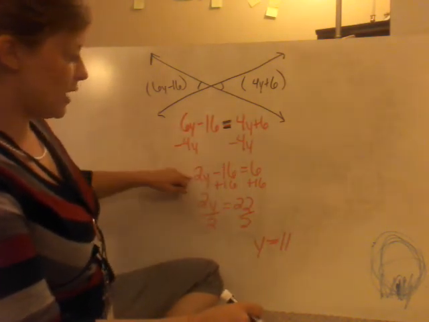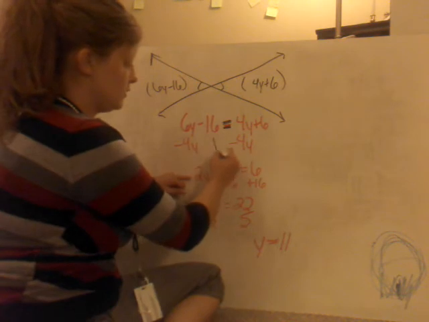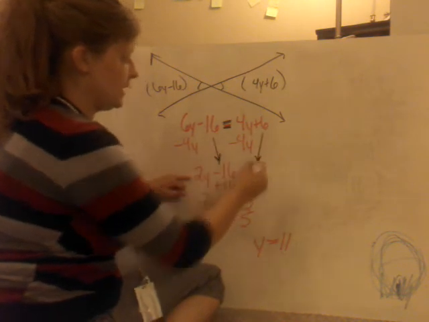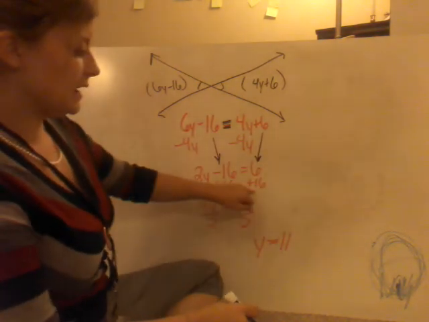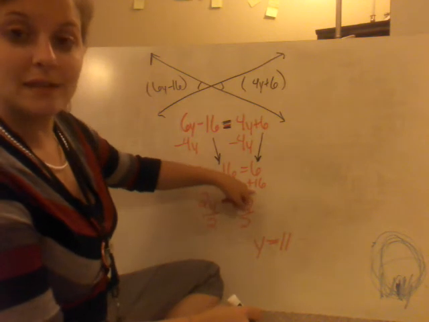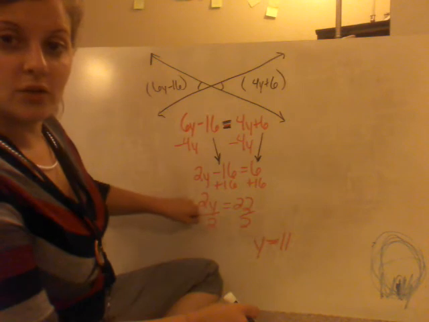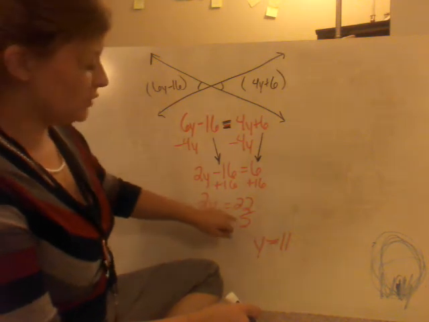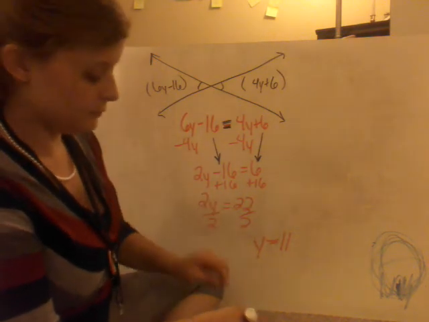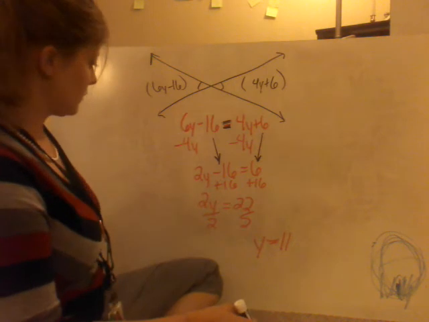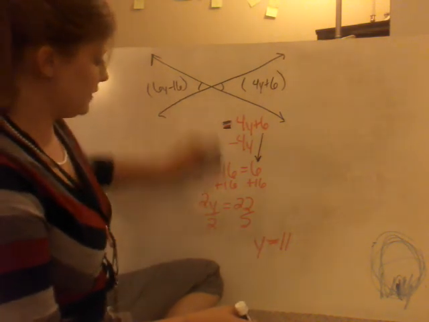So now I have 2y. Bring down my 16 and my 6. Add 16 to both sides. 6 plus 16 is 22. Divide by 2 on both sides. 22 divided by 2 is 11. So now I know my y is 11.